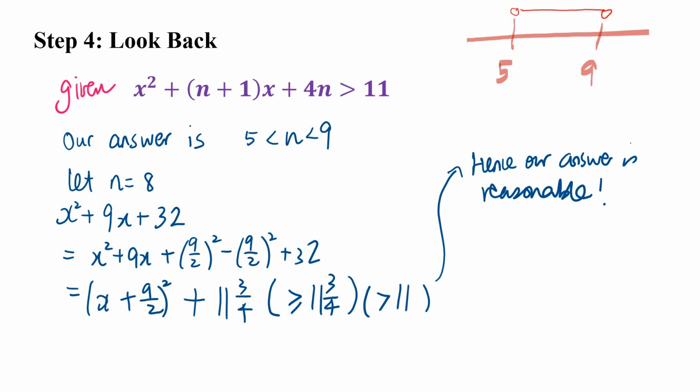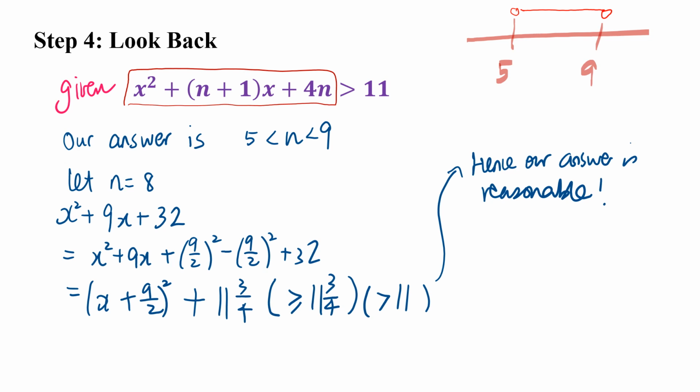Right, so we're going to choose a value that's between 5 and 9. So we just choose n equals 8. So if you substitute n equals 8 into this portion here, the left hand side, let's see if the value we get will be more than 11. Right, so you substitute n to be 8. So you will have x squared plus 9x plus 32.